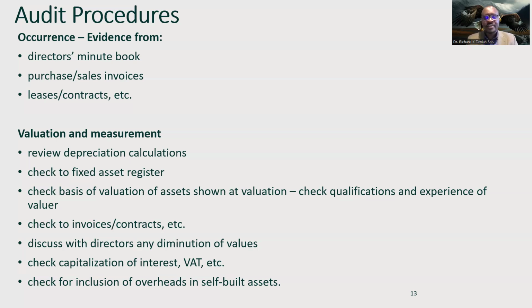Sometimes they could capitalize interest, because assets, expenses all have debit balances, okay? Check for inclusion of overheads in self-built assets. Anyone will want to do that if the person has no good ethical standing. He would want to push expenses into assets.